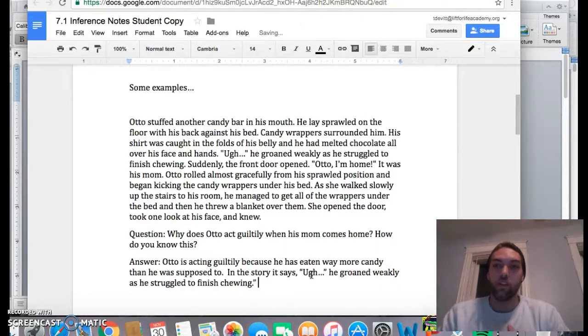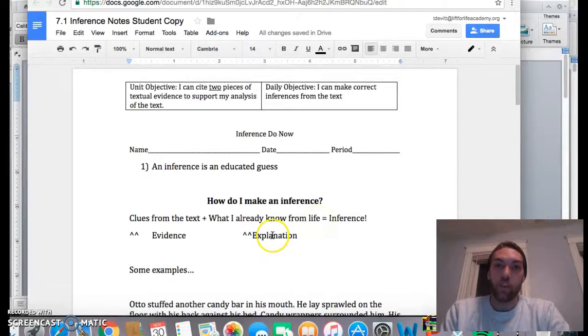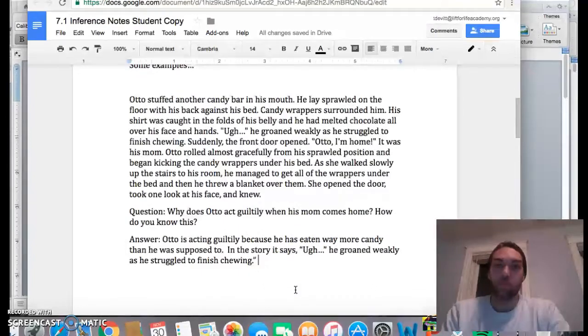Okay, that's my evidence. But now, like we learned above, I need to explain why this clue from the text takes what we know from life and helped me to make an inference.